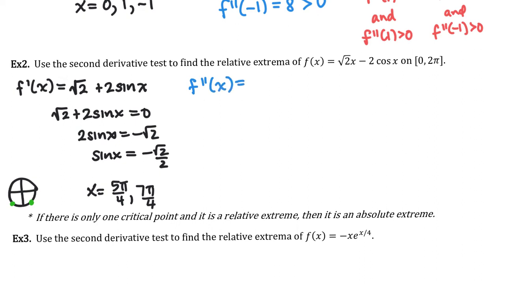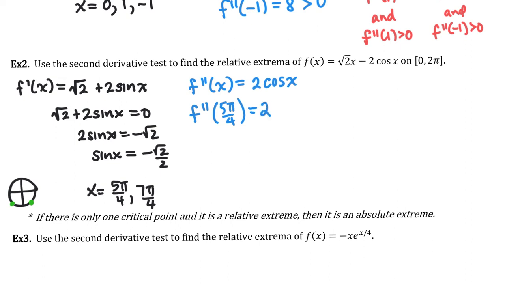Okay, so I'm going to take the derivative of the first derivative. The derivative of root 2 is 0. The derivative of 2 sine x is 2 cosine x. Okay, and then I'm going to evaluate the second derivative at 5 pi over 4 and 7 pi over 4. So f second derivative of 5 pi over 4 is 2 times the cosine of 5 pi over 4.